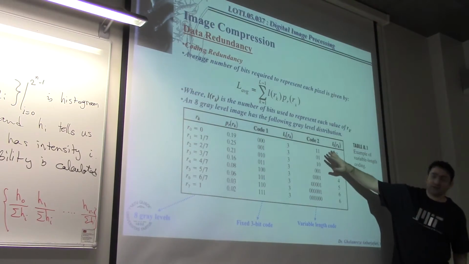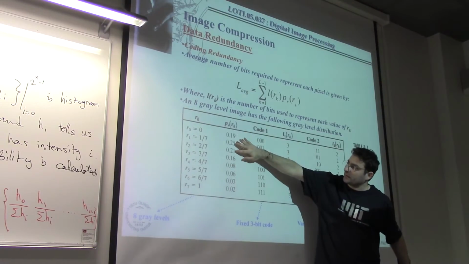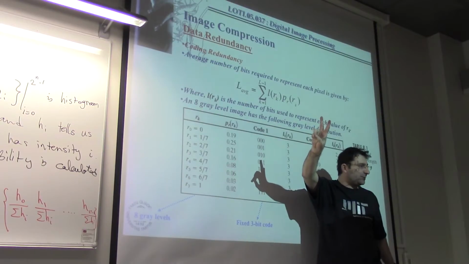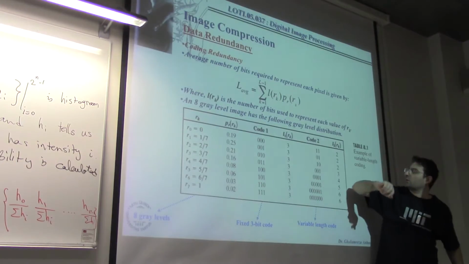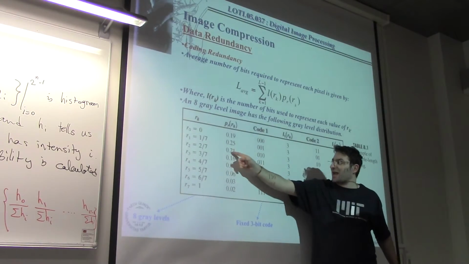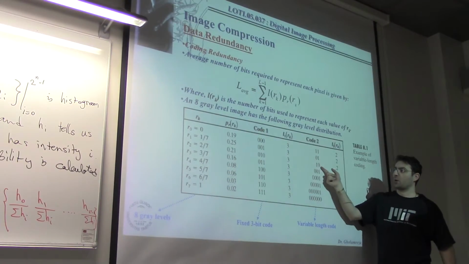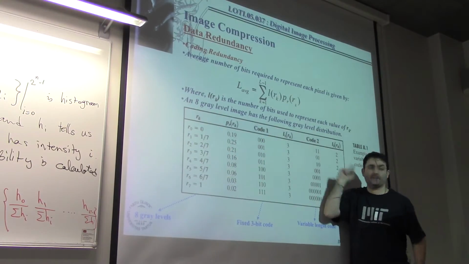In this example, we gave the first three only 2 bits to represent. The pixel with probability 0.2501, in other words intensity number 2, we call 10, and intensity 0, we call 11.